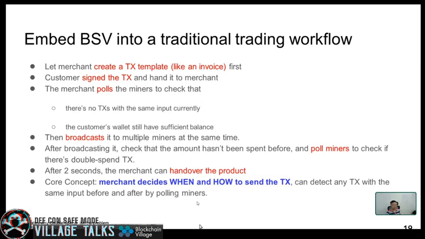So in this way, it would be hard for the attacker to decide when to send their reverting transaction, like the former example, the hacking example. The merchant decides when and how to send the transaction, and in that case, it can keep polling the miners to see if this buyer is trying to do anything malicious.